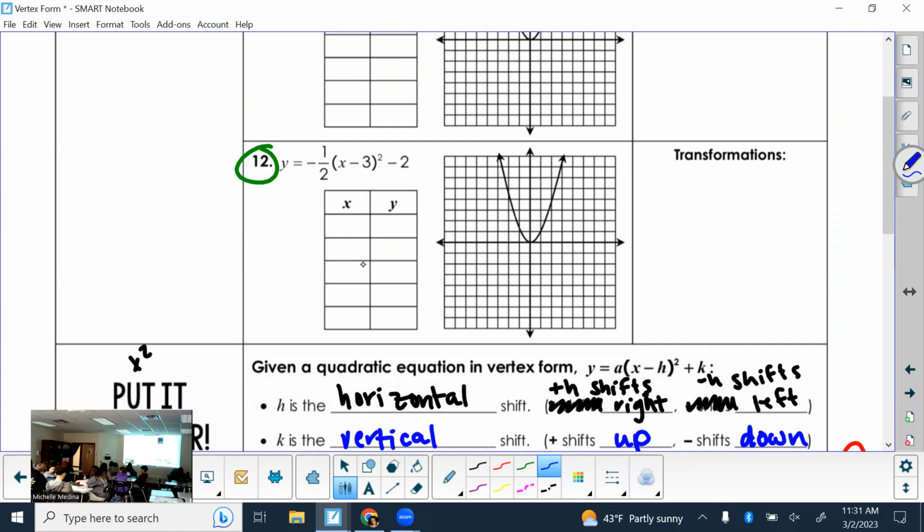There's 4 of them. You just need to tell me one of them based on the equation. Yep, there's 4 changes to the parent graph based on this equation. You just need to tell me one of them, table 6. Any one of you, not this one.